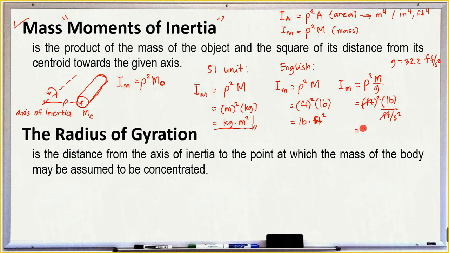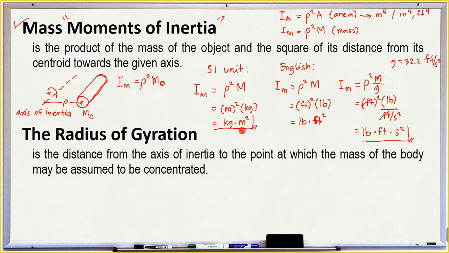Now we have pound foot, then the second square below will be transferred to the numerator. So pound foot second square. This is the common unit used for mass moment of inertia in English units.